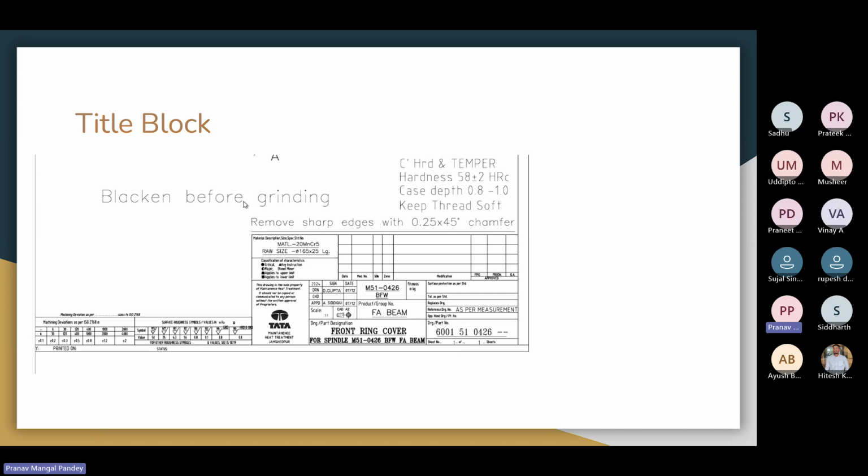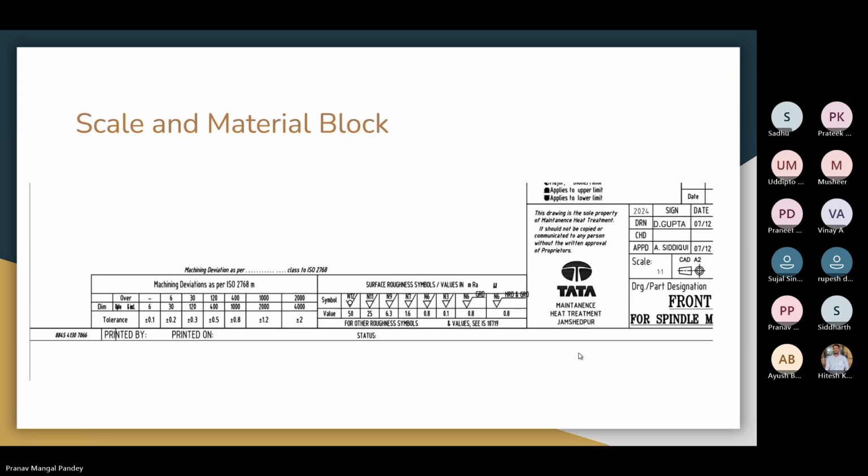Generally, notes are added on the top left, but in the example I showed you here, some things are told at the bottom right as well. So this is the scale and the material block, the extended part of the title block.